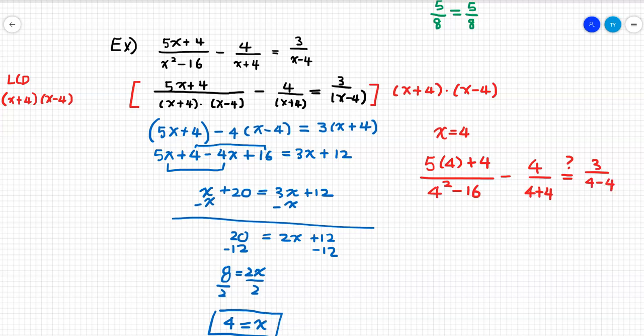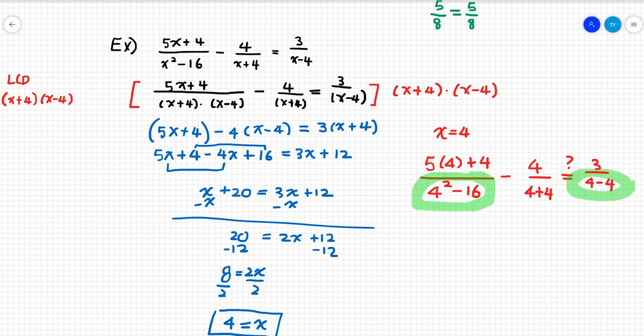If you look down here, this is 24 divided by 0, and this is going to be 3 divided by 0. You cannot divide anything by 0, because both have a 0 at the bottom. So that doesn't make any sense.